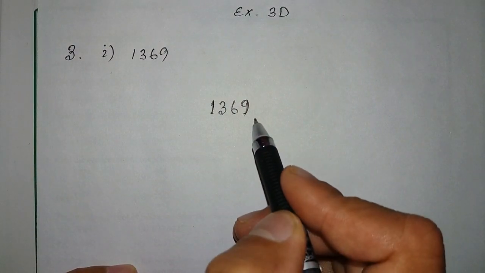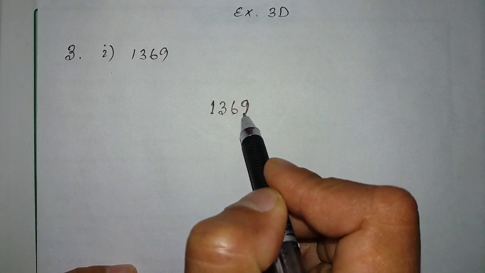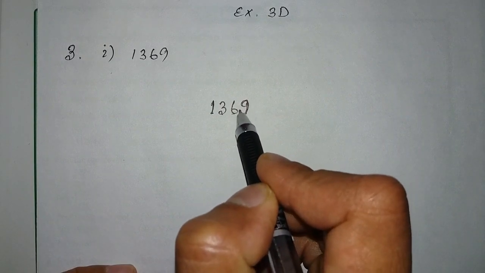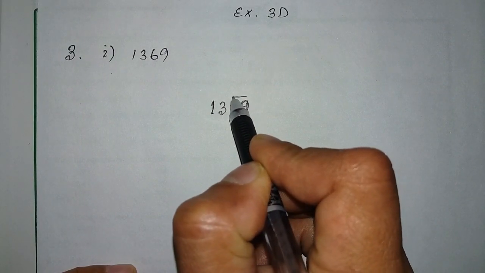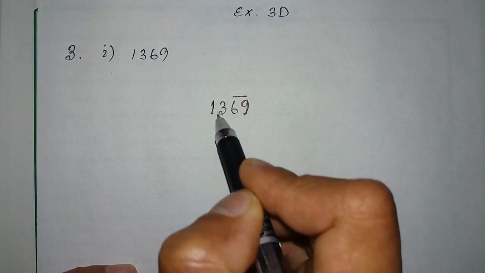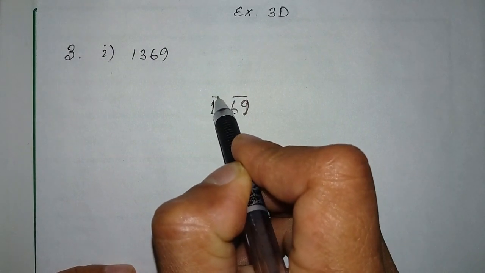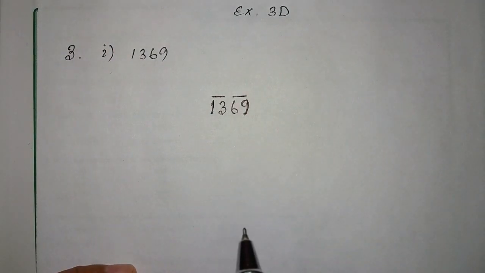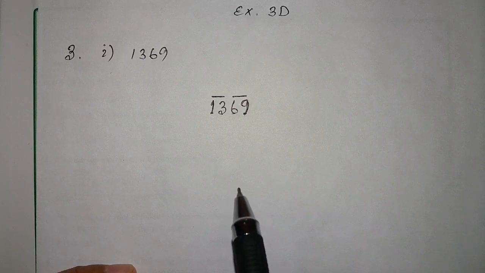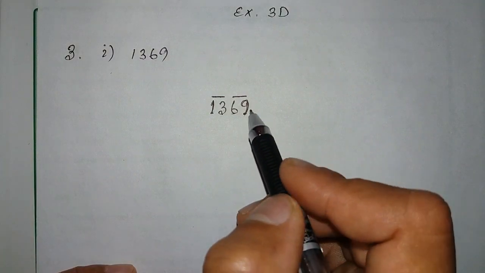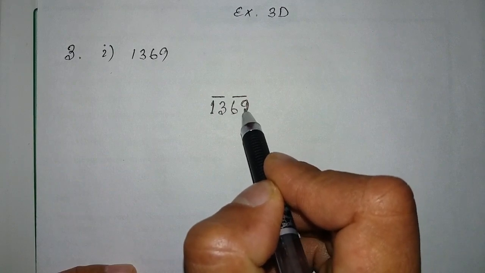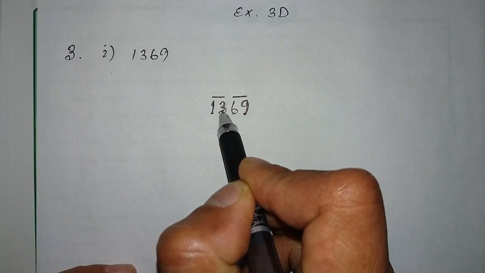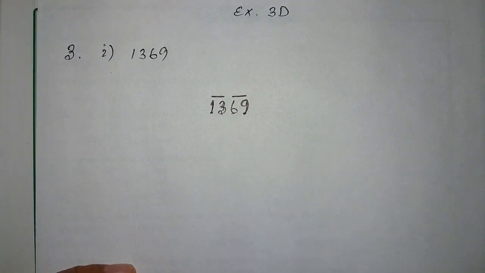So you pair up starting from the last digit, starting from the ones place: the last two digits 69 get a bar over them, and the first two digits 13 get a bar over them.